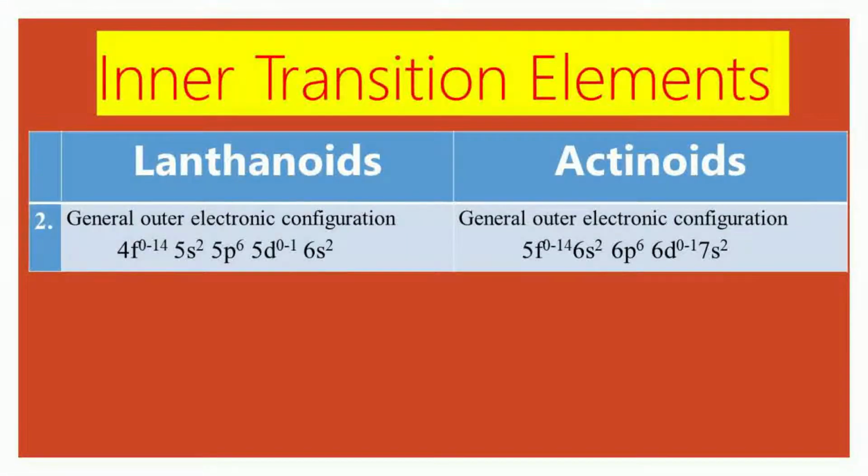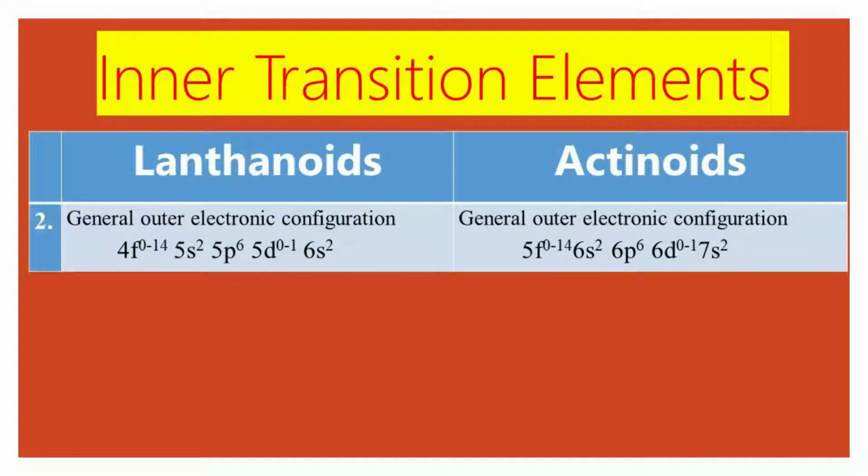Point number 2: the general electronic configuration of lanthanoids is 4f with 0 to 14 electrons, then 5s2, 5p6, 5d with 0 or 1 electron, and at last 6s2.